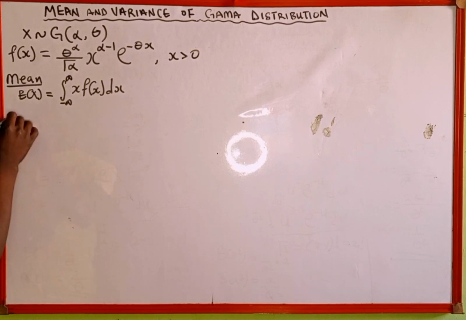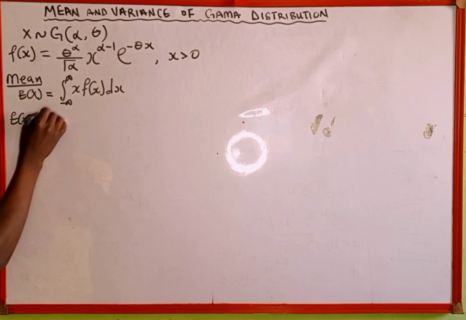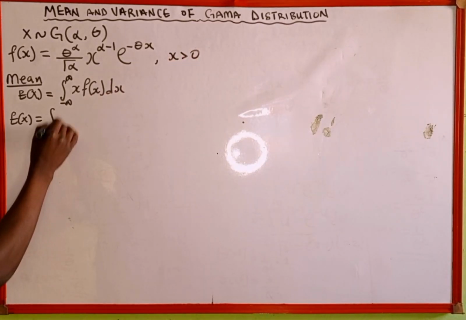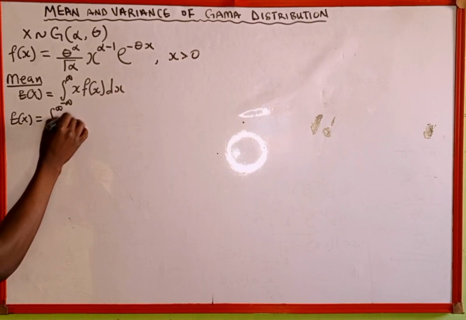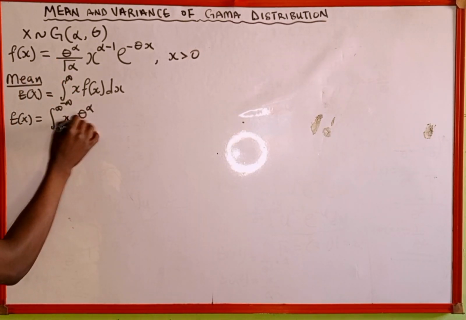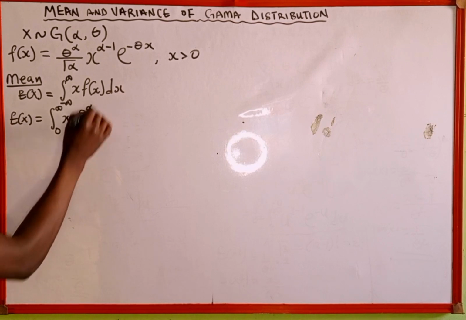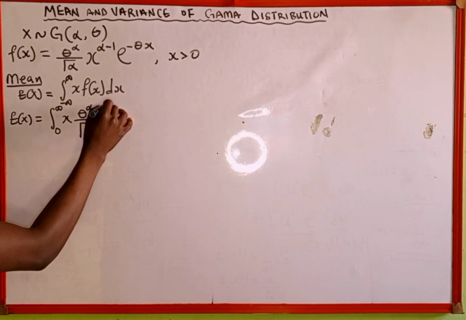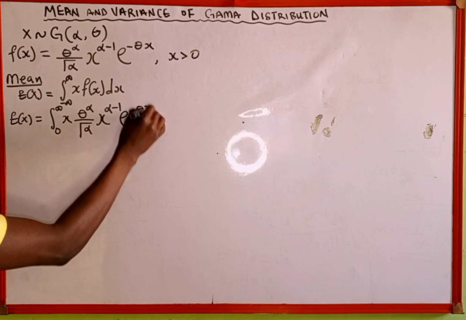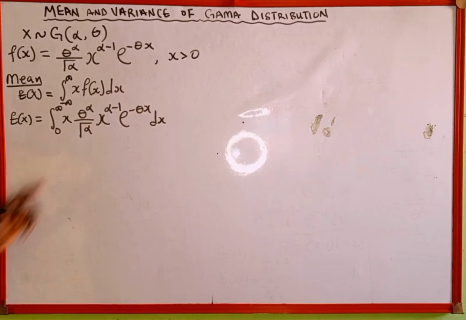So we're going to have the expected value of x equal to the integral, x from 0 to positive infinity, of x multiplied by theta raised to the power of alpha over gamma of alpha, multiplied by x to the power of alpha minus 1, e raised to the power of minus theta x, dx. Now we're going to integrate this with respect to x.